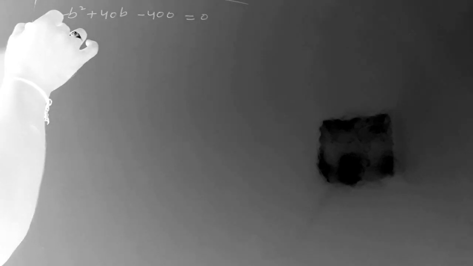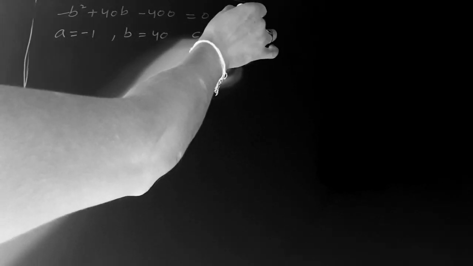So it is in standard form, ax square plus bx plus c is equal to 0. So a is minus 1, b is 40, c is minus 400.